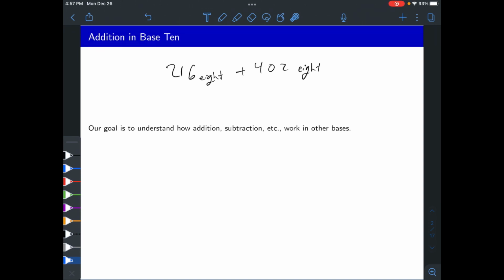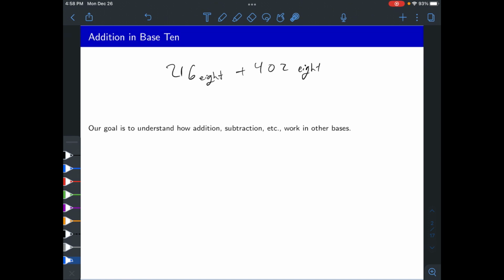So let's think about how addition and subtraction and other operations work in our base 10 system that we're already comfortable with. Let's think about it a little bit more closely, because we probably take a lot of the algorithm for granted and have lost sight of what is actually going on under the hood.